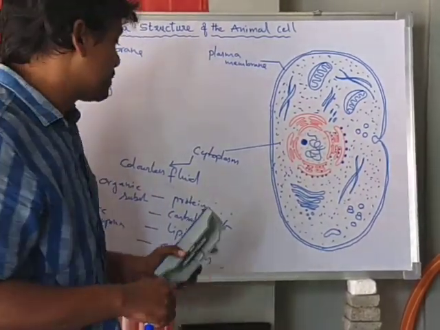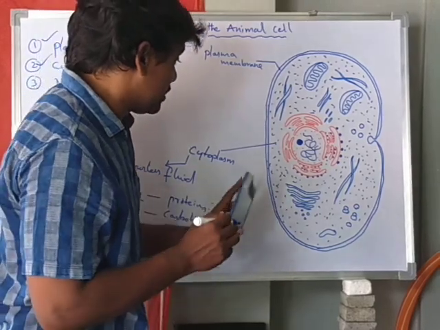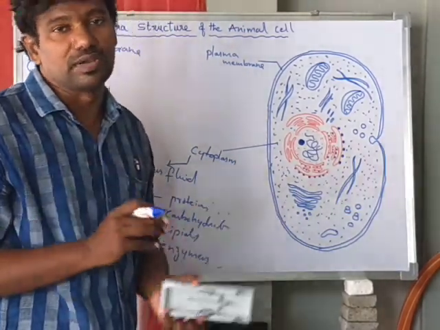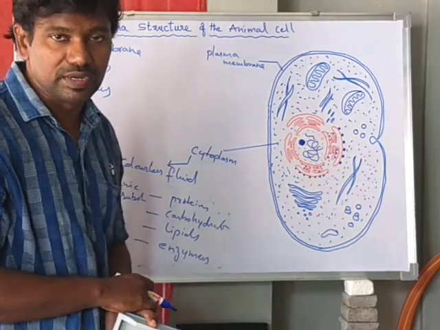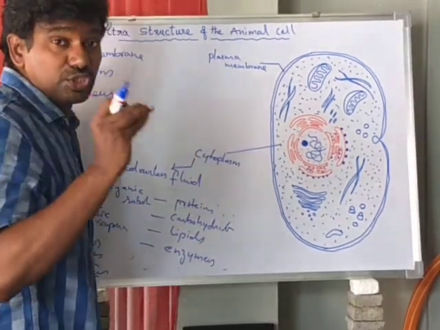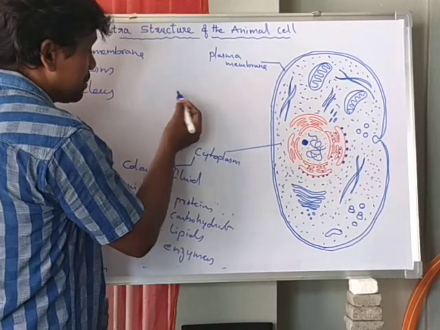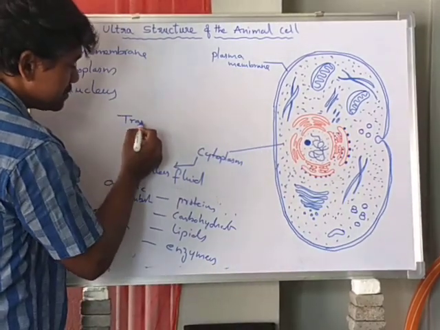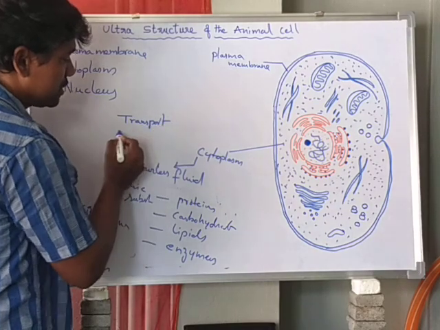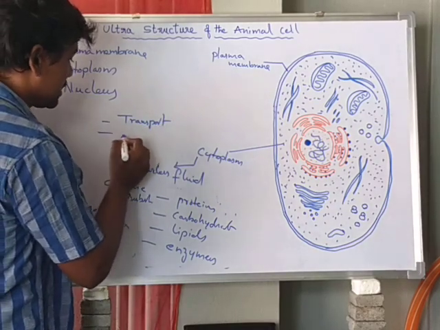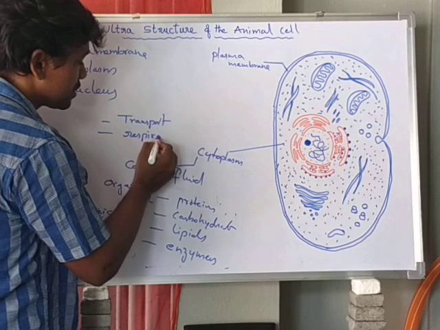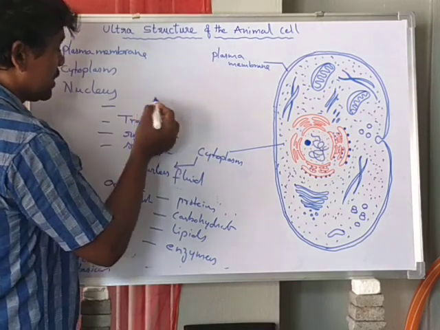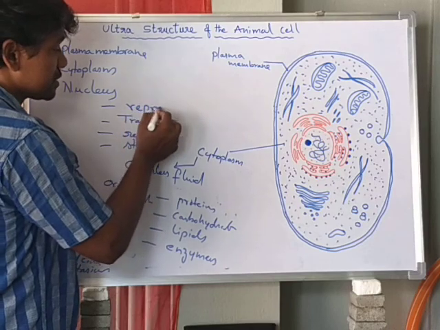The endoplasm contains membrane bound cell organelles, which help in transport, respiration, storage, and reproduction.